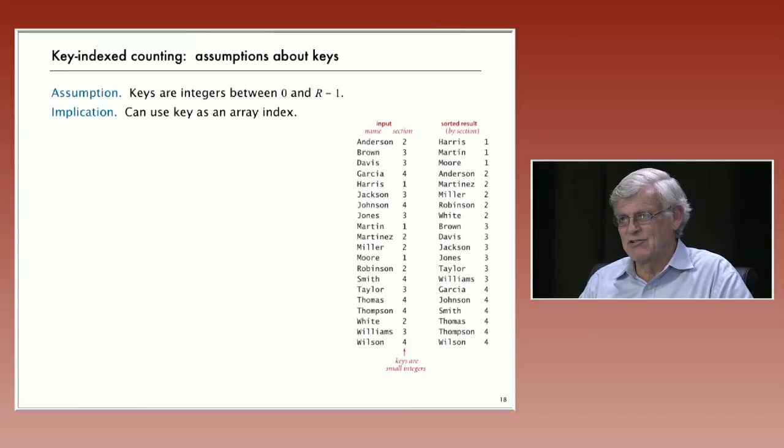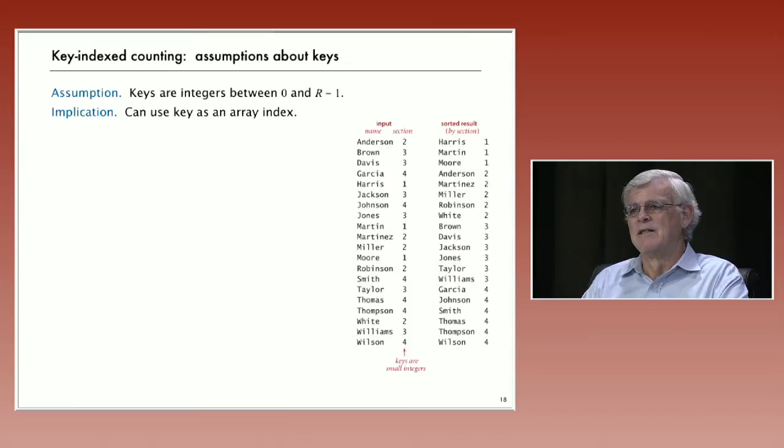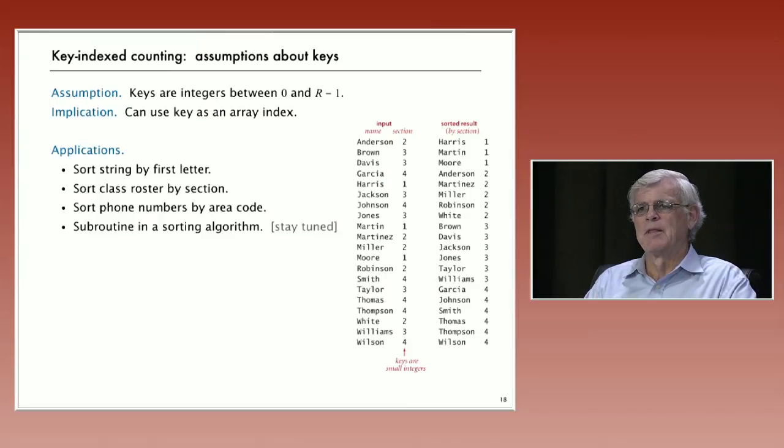There's not too many sections, and we want to distribute the students by section, so we want to sort according to the section number, and that's a small integer. The implication of knowing that the key is a small integer is that we can use the key as an array index. By knowing that the key is an array index, we can arrange for a fast sort.